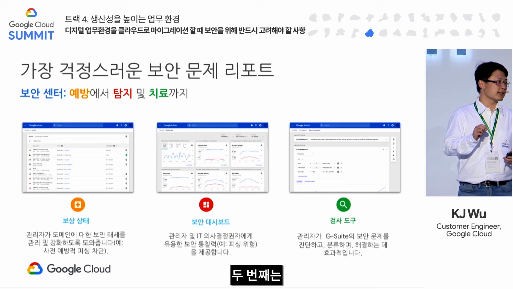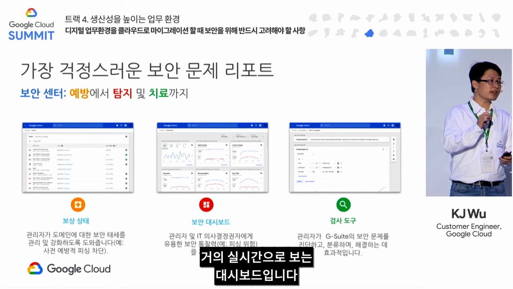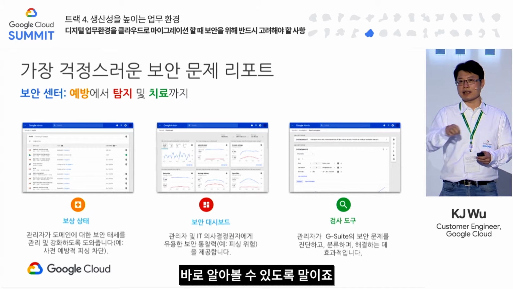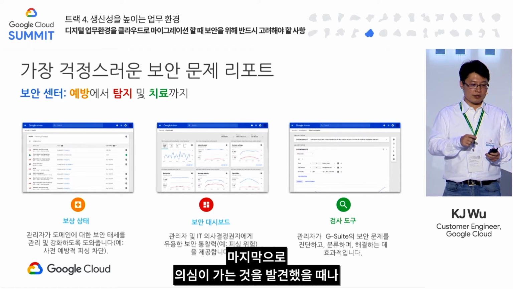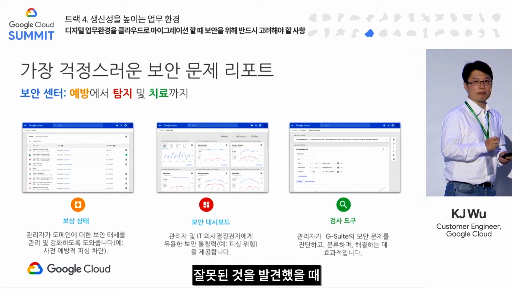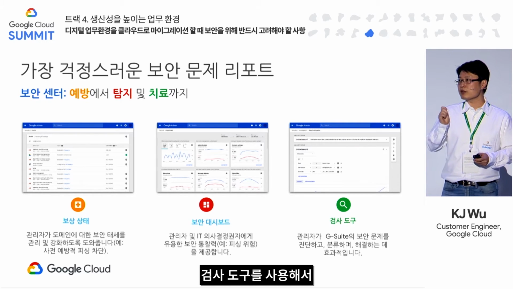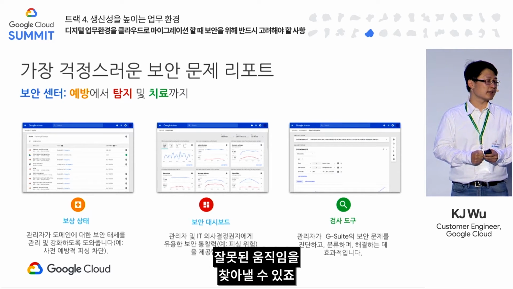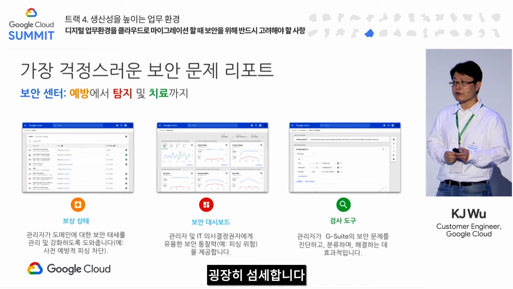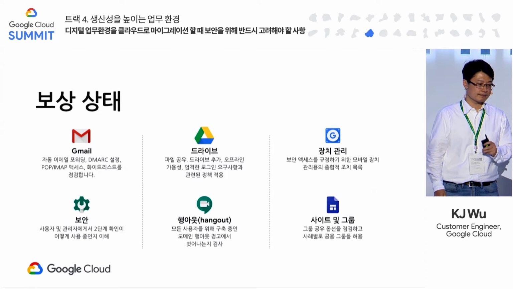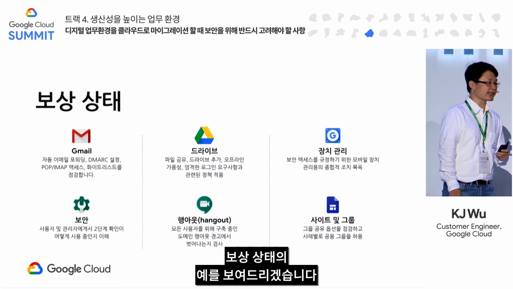The second one also gives you a near real-time dashboard, so you can detect what's happening inside the G Suite platform. The last one is, if you find anything suspicious or wrong, you can use the investigation tool to spot those behaviors. It goes into great detail. Later on, you will see. So take security health as an example.